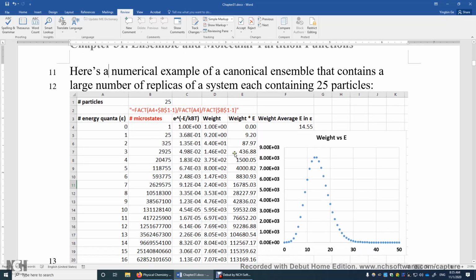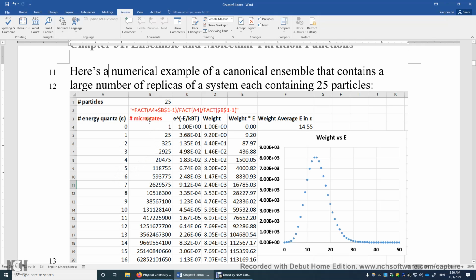Over here, I made an Excel spreadsheet. The number of particles is 25, and let's assume these replicas can have 0 epsilon energy, 1 epsilon energy, 2 epsilon, 3 epsilon, etc. And we can calculate the number of microstates associated with the replicas with 0 epsilon energy, 1 epsilon energy, 2 epsilon energy, etc.